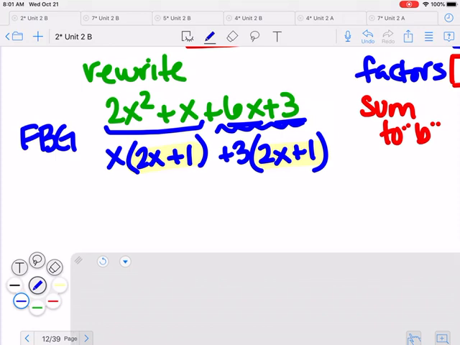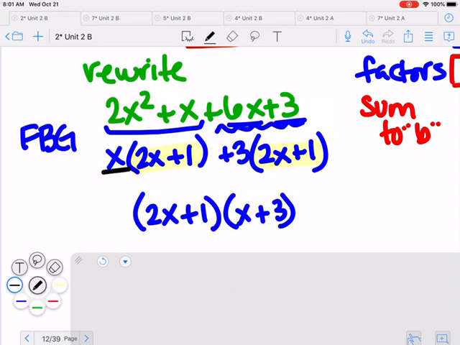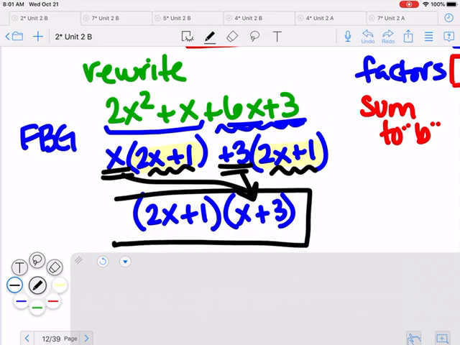And then we're factoring that binomial out. So my final answer here is 2x plus 1 times x plus 3. The monomials that are in front come together to make your second binomial, and the binomial that's the same in each is your first binomial. And this is our answer.